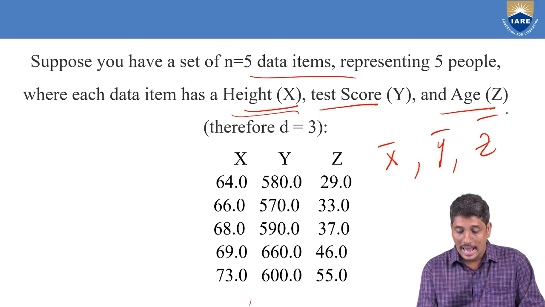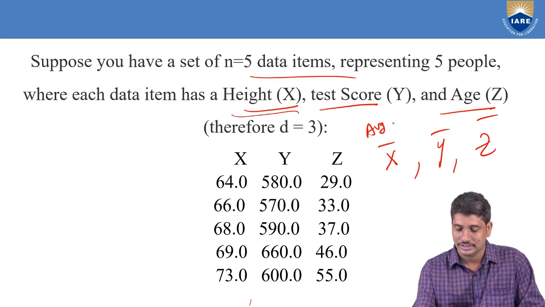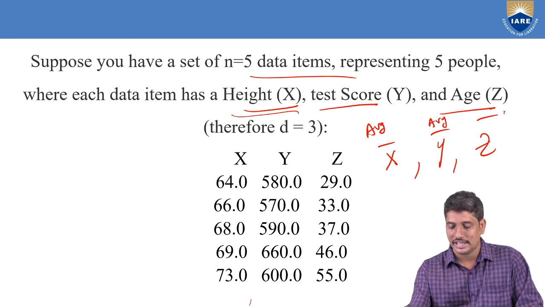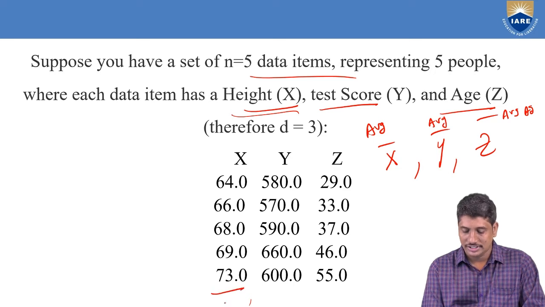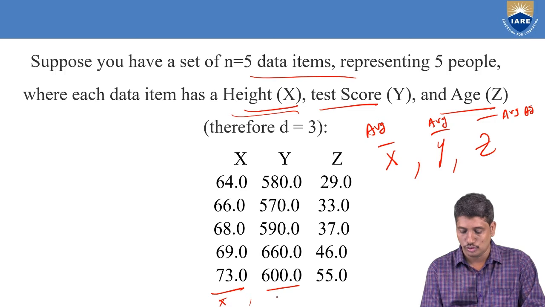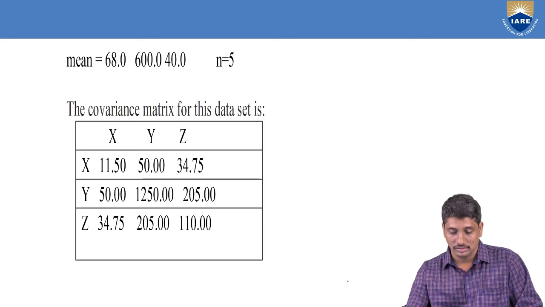That is, we need to calculate the average height of 5 students, the average test score of 5 students, and the average age of the 5 students.